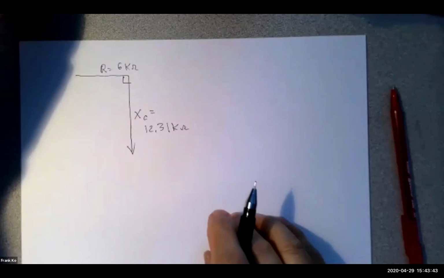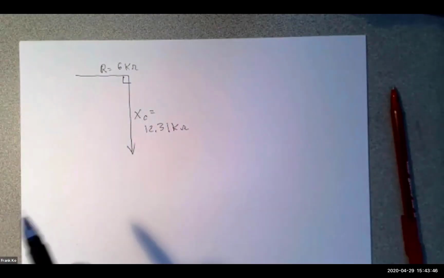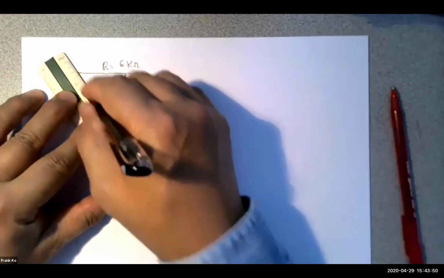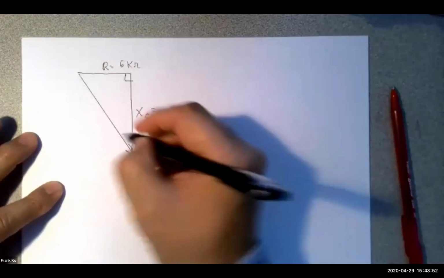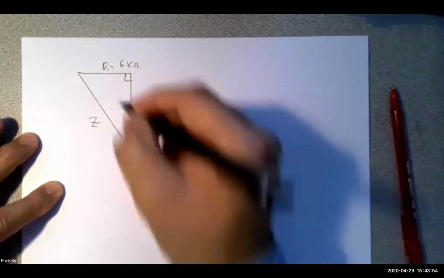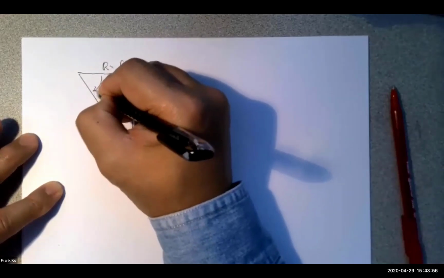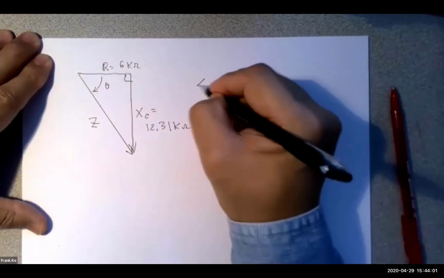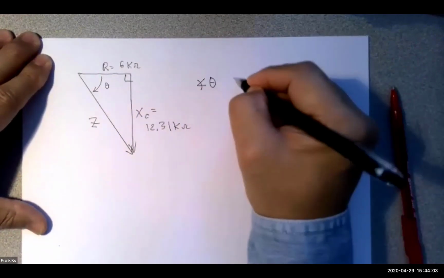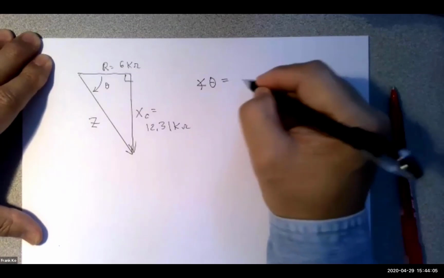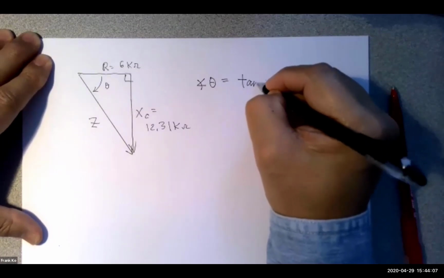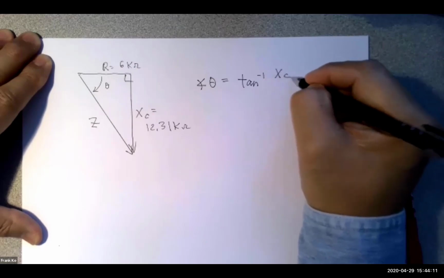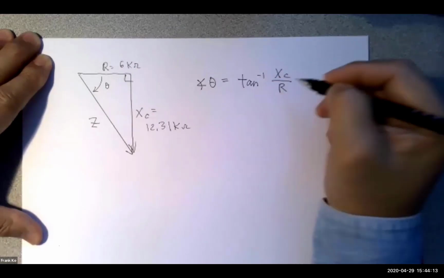We were able to successfully determine a total ohms, which we will draw in using a diagonal, and that was called Z. We are now looking for this angle in here called theta. So angle of theta is equal to inverse tangent of X sub C over R.